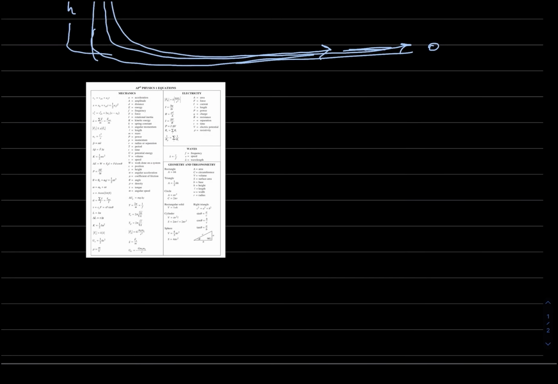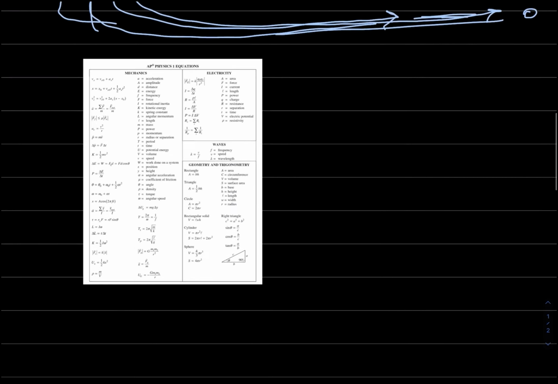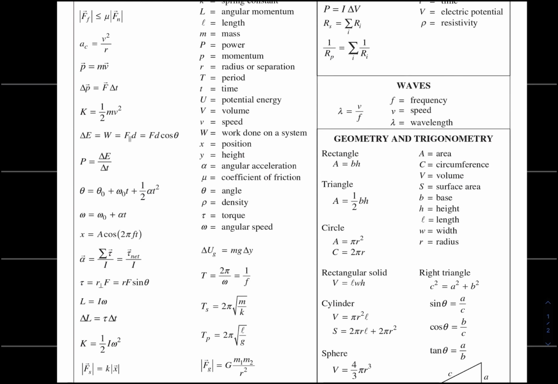So let's find this on our page of equations for the AP Physics exam. The kinetic energy of a mass in motion is 1/2 mv squared. And the potential energy of that mass on the cliff is mg times delta y, which is our height. Now there's a little g subscript here.